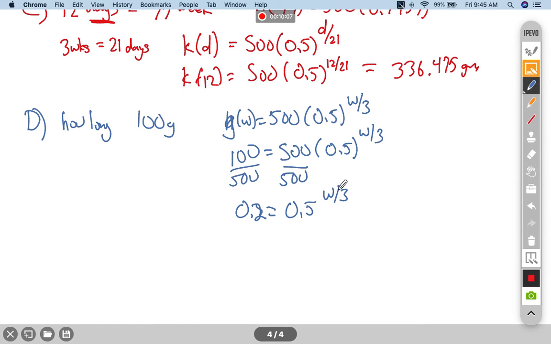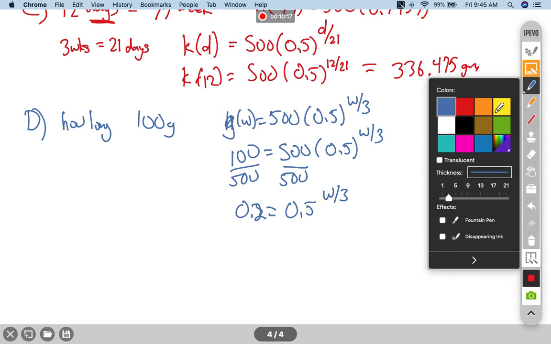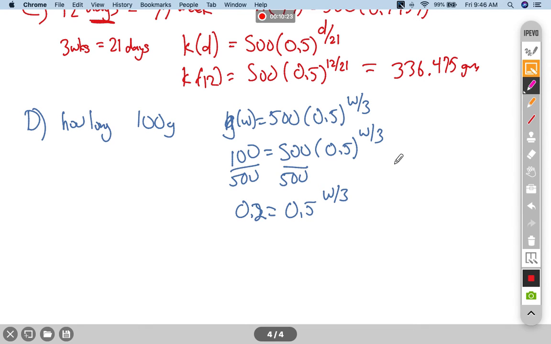Now I have this w over 3. I'm doing something here, but that's inside the function. I can't do that until I've undone the function. And I'm going to undo the function by going back to my old pal, b to the n equals t, I forget what letters I was using, is the log base b of t equals n.